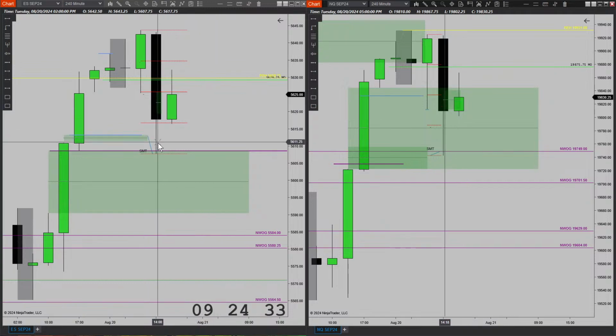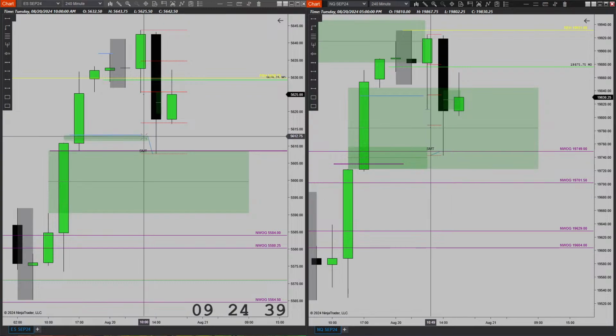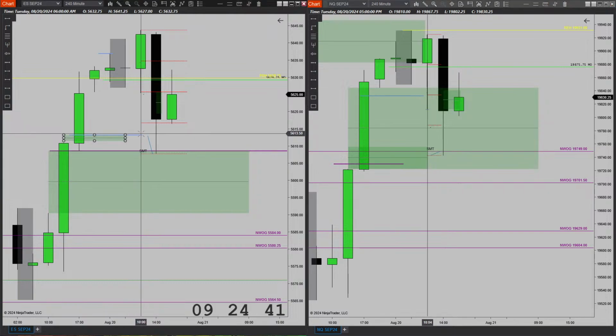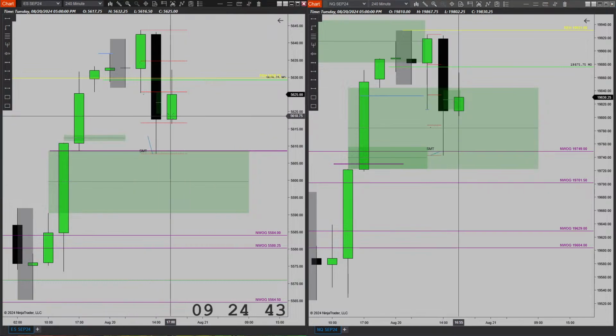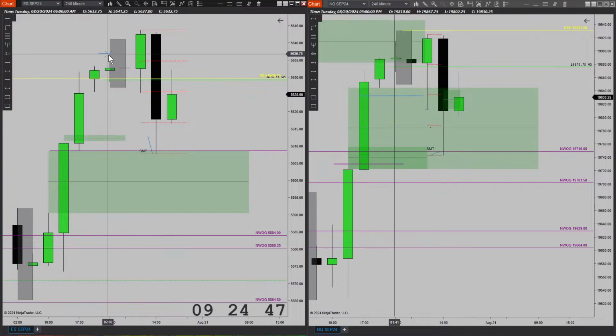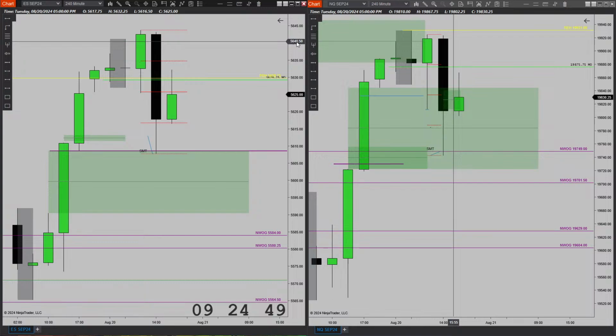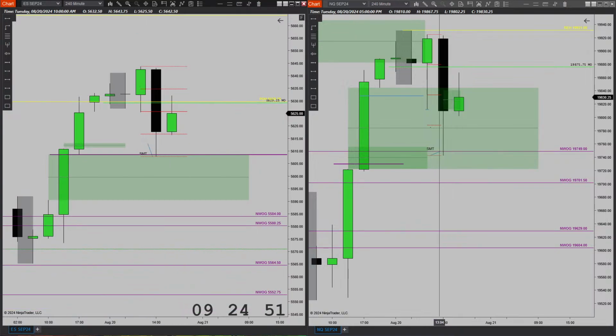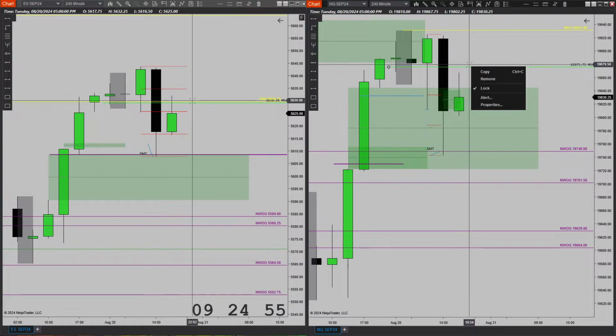Is it in displacement? Where is it? And once I'm able to identify that, I'll be able to anticipate where price may lead to. But as it stands right now, the objective are the highs, relative equal highs. So I don't know. We'll see.